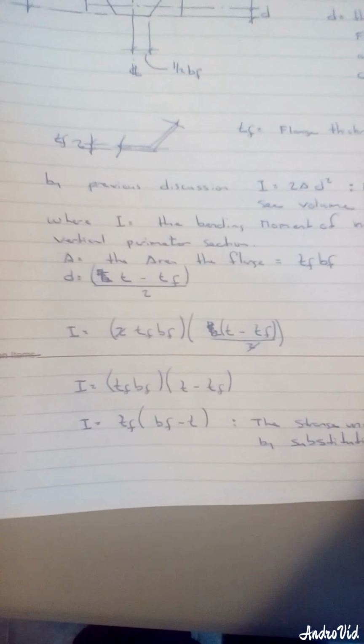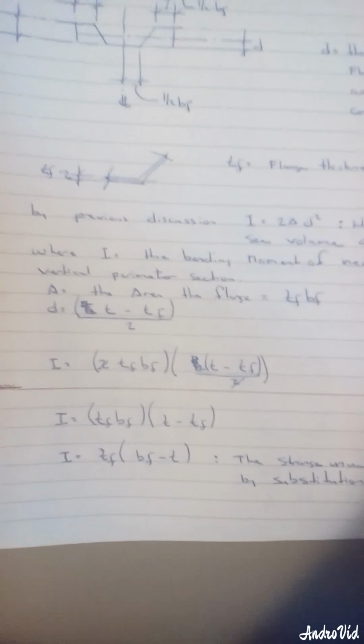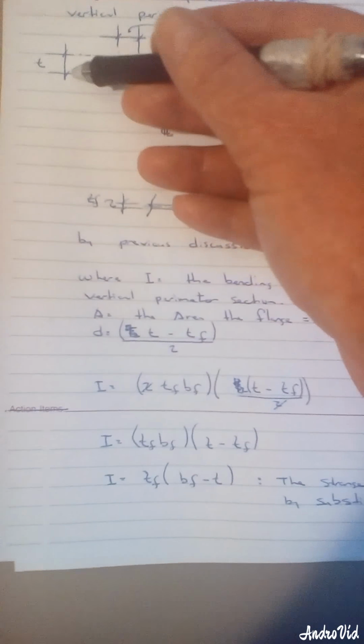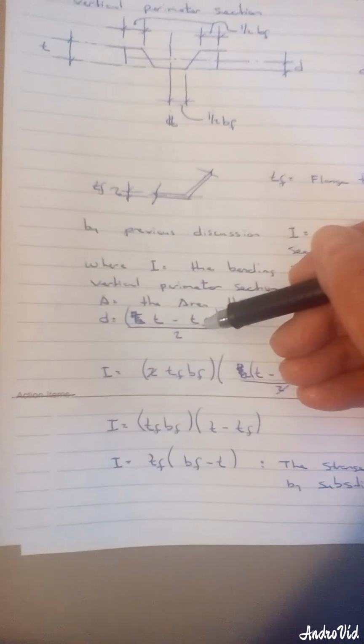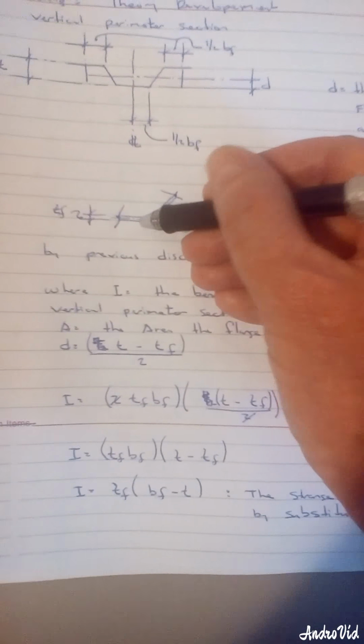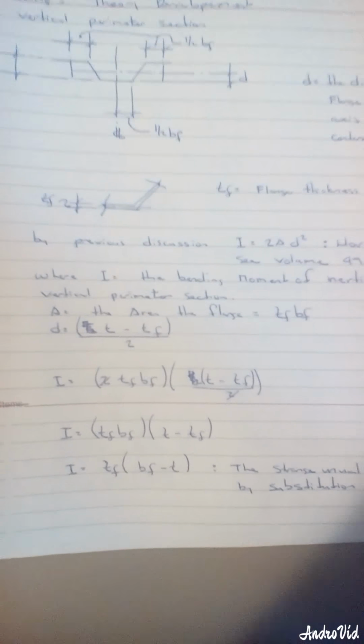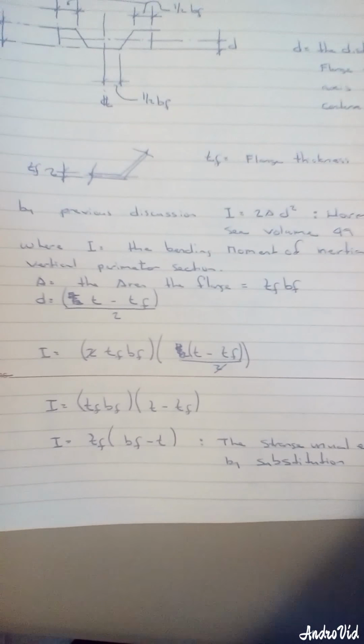And then the distance d is equal to the thickness of the total section t minus t sub f. That's 1/2 t sub f plus 1/2 t sub f equaling t, and then divided by 2.